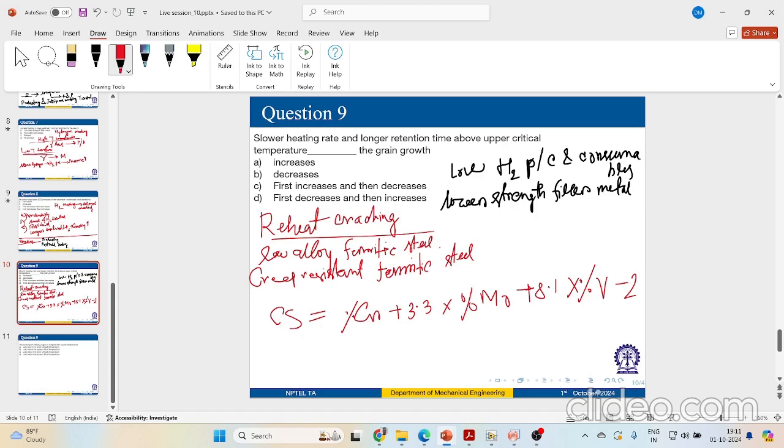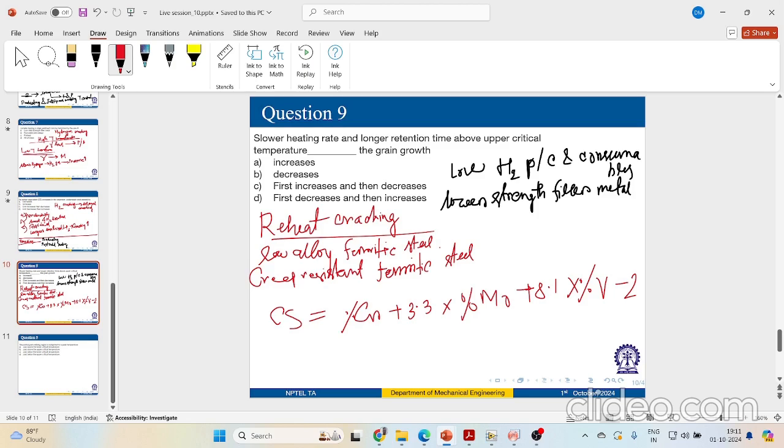Now what is the reason for this reheat cracking? During welding, the heat affected zone near your fusion line is heated to a very high temperature in your austenitic phase field, right? There the pre-existing carbides of chromium, molybdenum, vanadium will dissolve at those high temperatures, and austenite grains will grow with time.